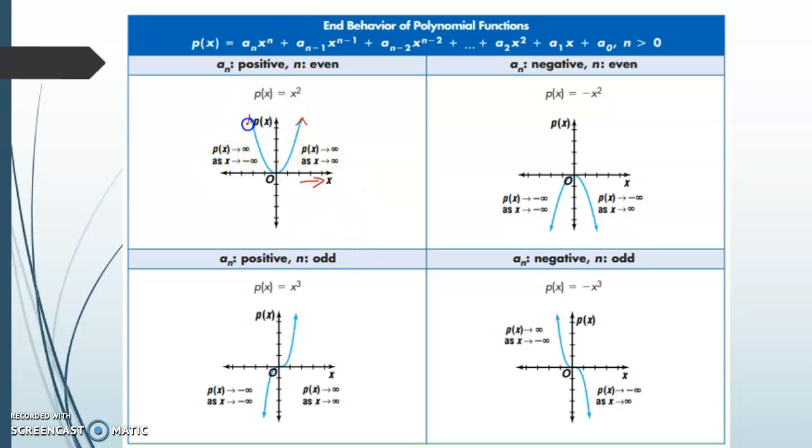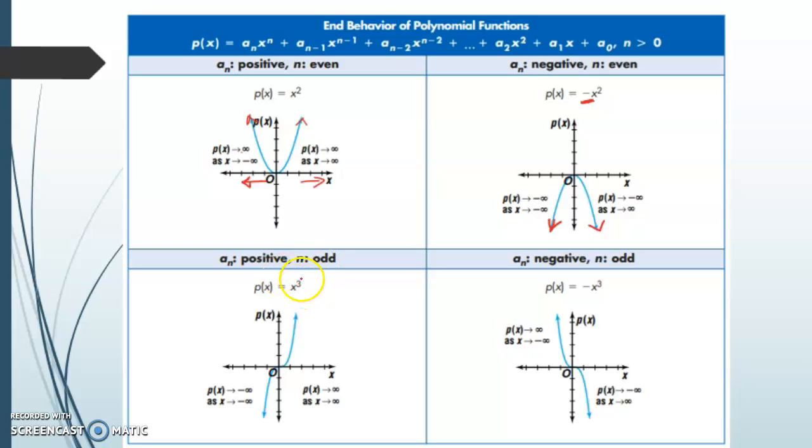And over here, P of x is going to positive infinity as your x is getting smaller and smaller. When your a is negative, when you have a negative out front, your P of x is going to negative infinity. It points down just like I said it did. And this one points down whether x is going negative or x is going positive.